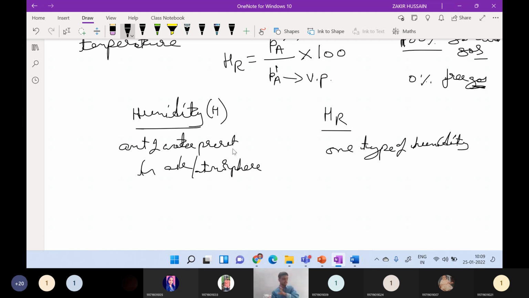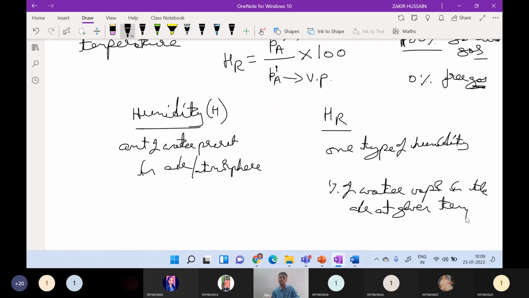So why do we have to express it in two different quantities? Humidity is the water content of the mixture of water vapor and other elements found in the air. At the same time, relative humidity is the percentage of water vapor in the air at a given temperature, expressed as a percentage.